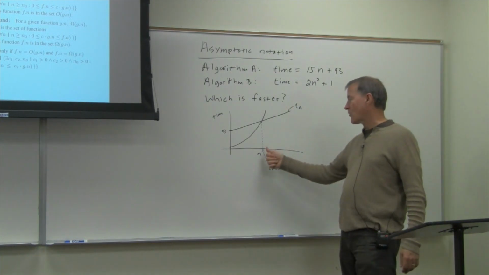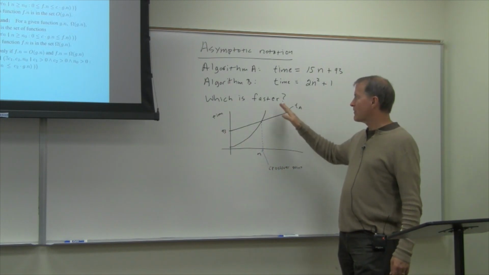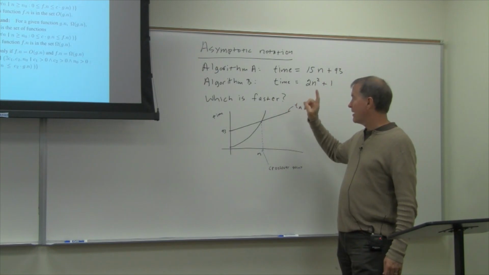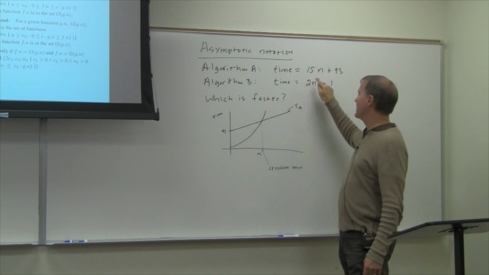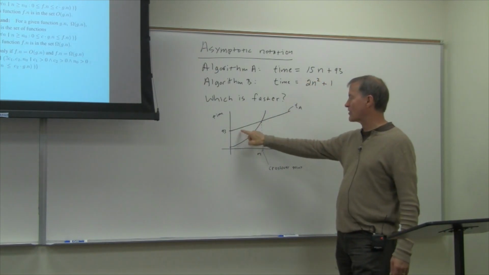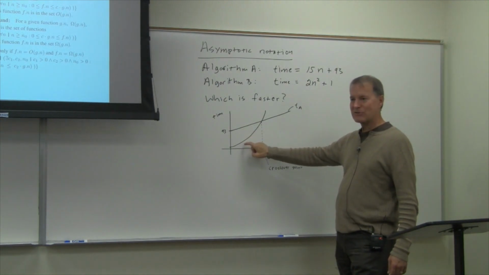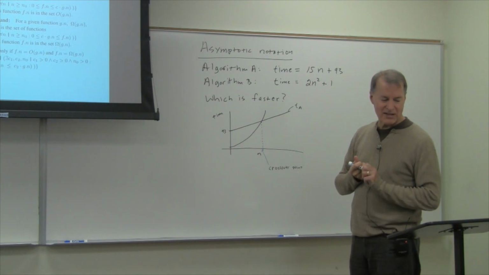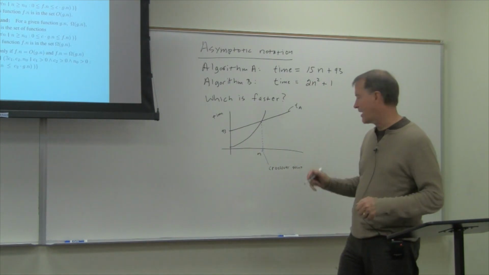So even though it's a little bit of a trick question, you can say, well, it depends. But actually, A is better, even though it's worse for small n. So the way we say this is: for sufficiently large n, A is faster.